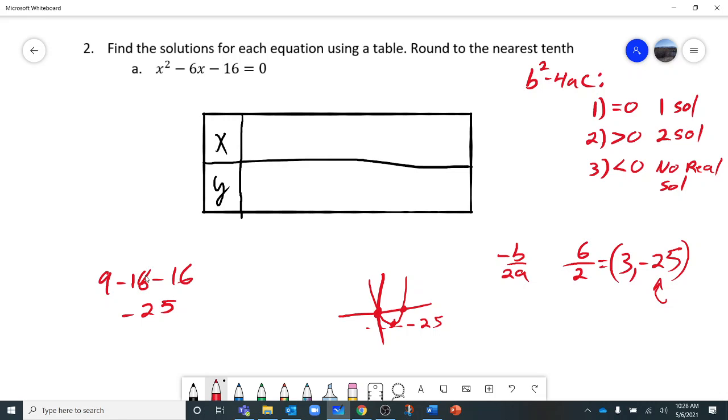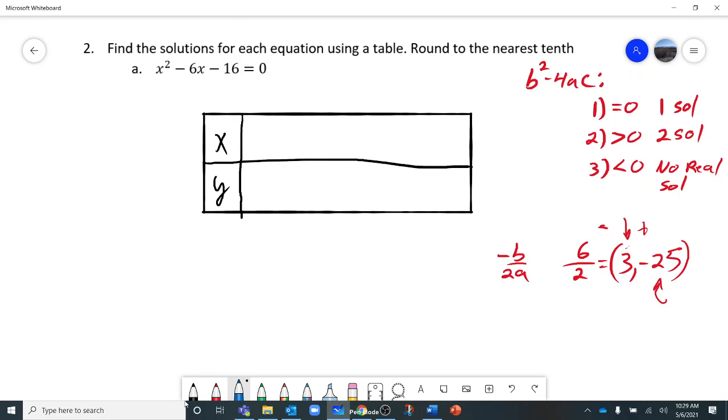That means we have 2 solutions. Okay, so we can use that information from the vertex. The other thing is we know that one of our numbers has to be to the left of 3, and one of them has to be to the right of 3. Okay, so let's start on the left of 3. I actually know what the answers are, but we'll go through a few of them anyway, just to make sure.